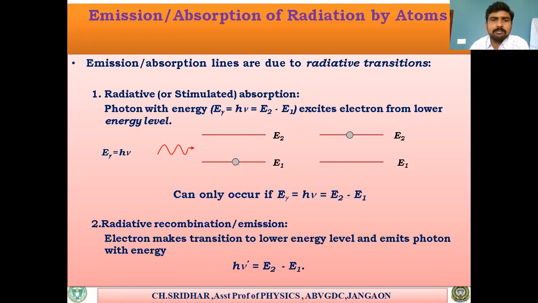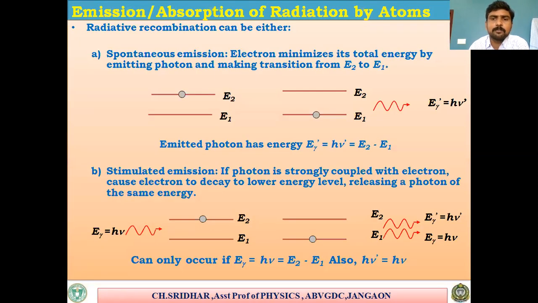And then radiative emission. The electron makes a transition to a lower energy level and emits a photon with energy h nu. This emission takes place in two ways: spontaneous emission and stimulated emission. In spontaneous emission, the electron comes by its own to the ground state by giving off energy equal to the difference of energy levels.